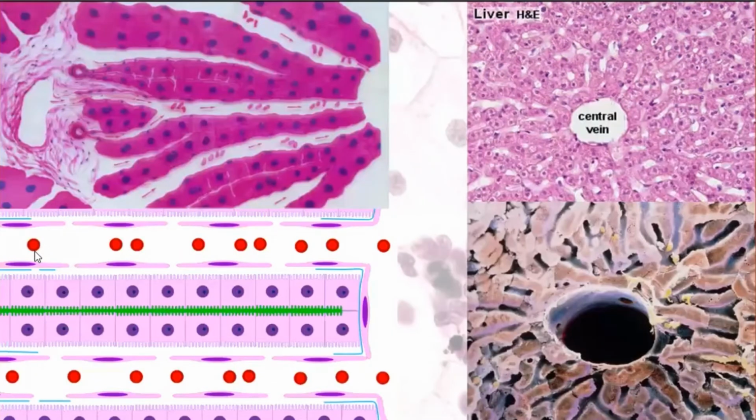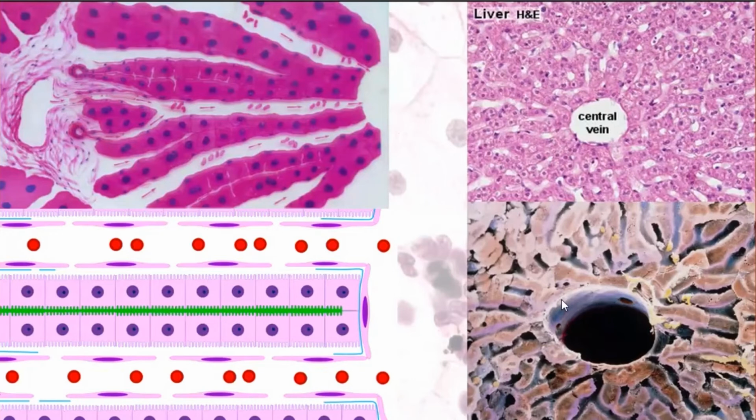So here we can see sinusoids. They contain blood which goes here from two sources, from artery and vein. And this blood from artery and from vein goes to the sinusoid. The sinusoid contains mixed blood, and this blood goes to the central vein, which collects all blood from the hepatic lobule.